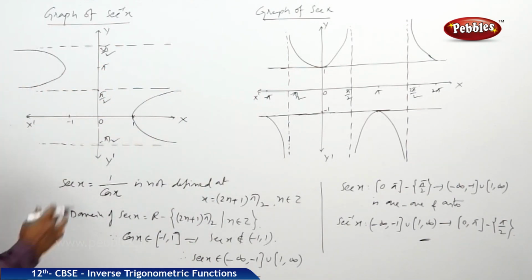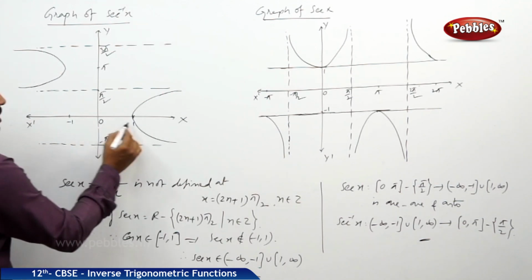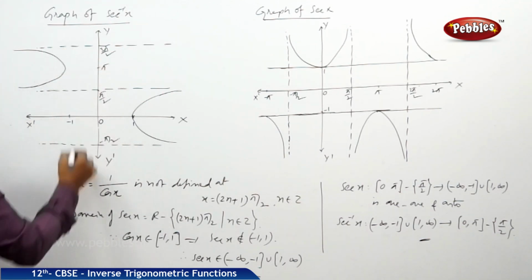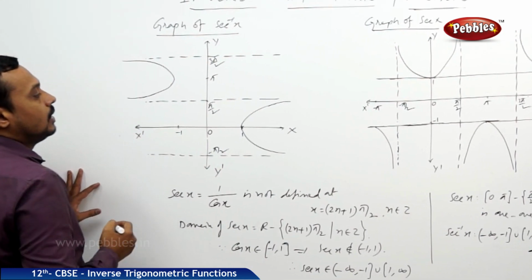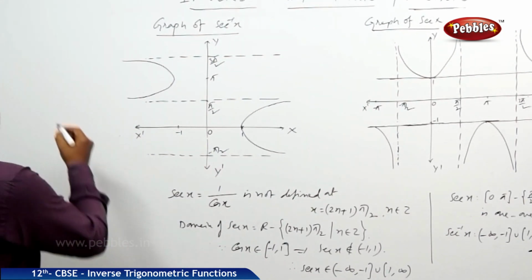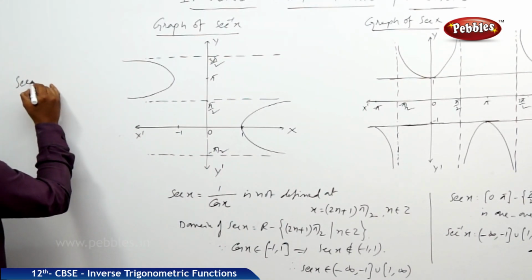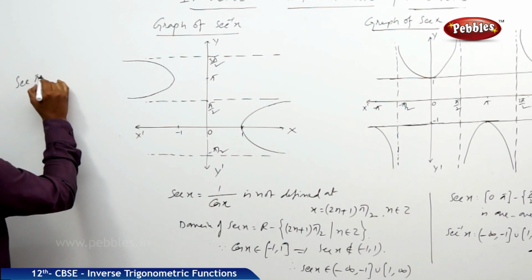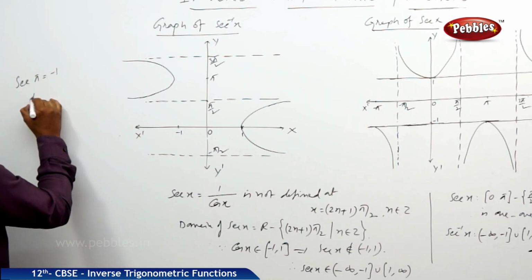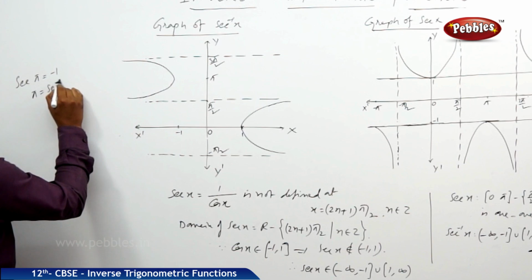Now the graph of secant inverse x. Here the x values are not between minus 1 and 1, so there is no graph between minus 1 and 1. Suppose secant pi is equal to minus 1, therefore pi is equal to secant inverse of minus 1.